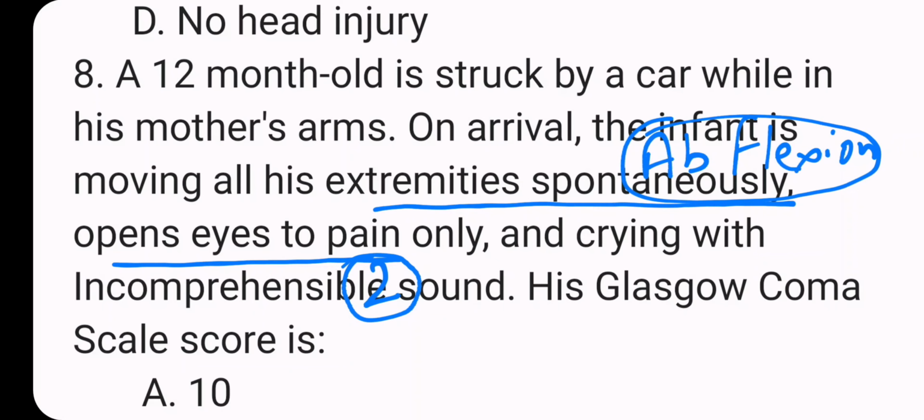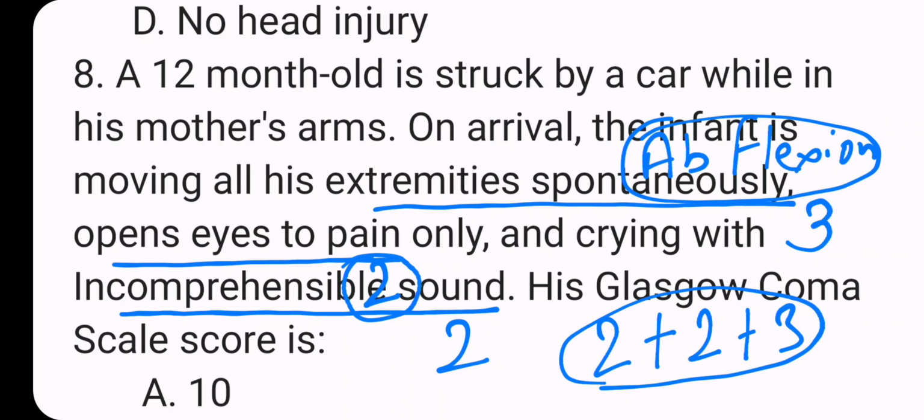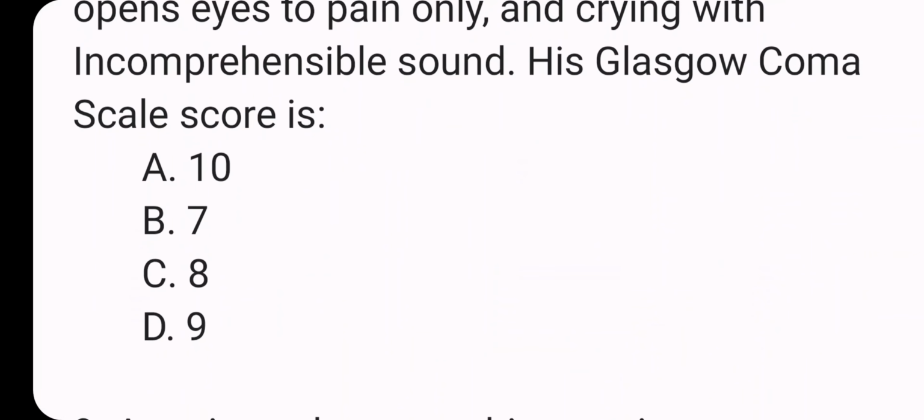Motor response abnormal flexion has a score of 3, and crying with incomprehensible sound means verbal response is 2. That means 2 plus 2 plus 3, that means 7. The answer will be 7.